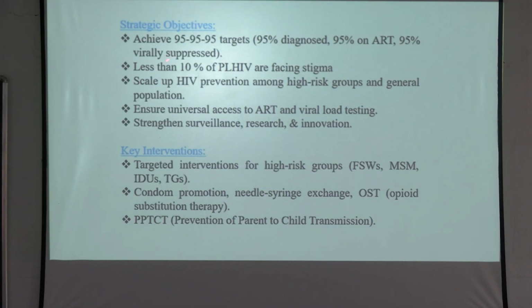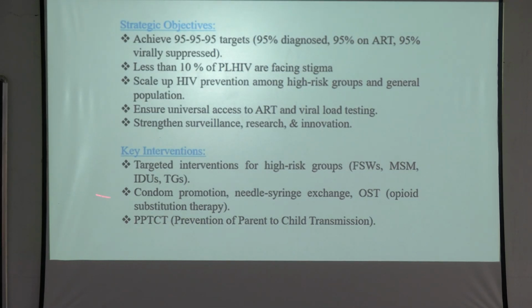What is the third objective? Scale up HIV prevention in high risk groups and the general population, ensure universal access, which is the direct interpretation of the goal, and strengthen surveillance, research and innovation. Sentinel surveillance sites are also increased in NACP V. Okay. What are the key interventions? Targeted interventions for high risk groups, that is FSWs, MSM, IDUs and TGs.